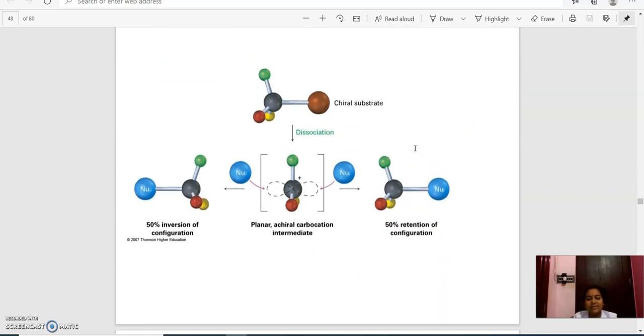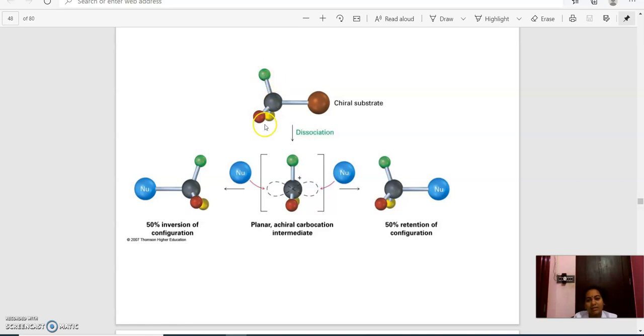And it is a chiral substrate. Chiral substrates: I hope all of you know about plane polarization and all that. We know the valency of carbon is 4. If it is attached with 4 different groups, then this carbon is known as a chiral carbon.